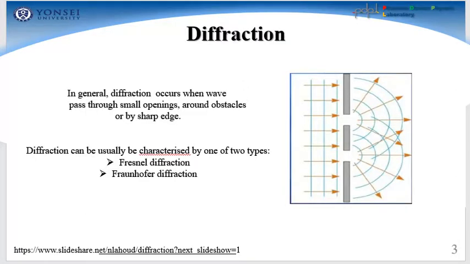What is diffraction? According to Huygens' principle, waves spread out after passing through a slit. This spreading of light from its initial line of travel is called diffraction. The diffracting structure depends on several factors, such as geometry.